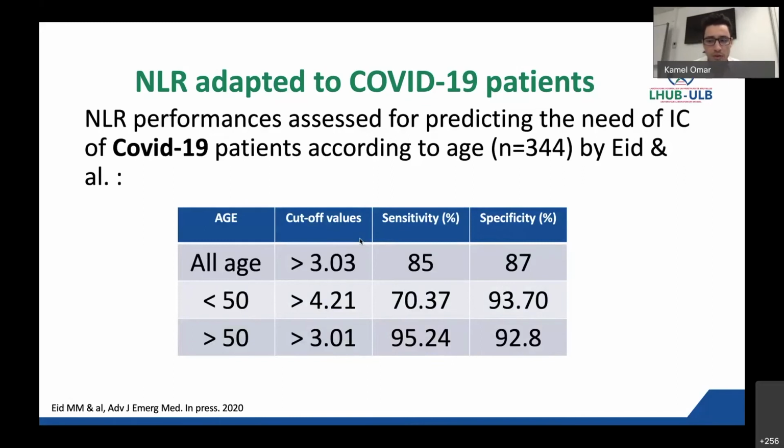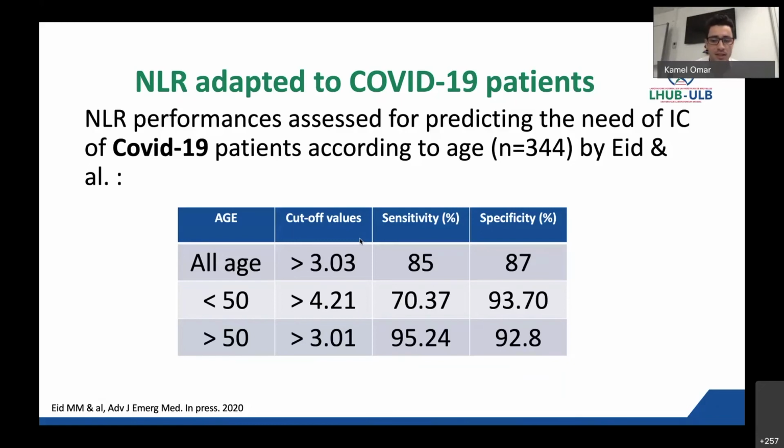Under the age of 50 years old, they found out that the NLR had a specificity of 93% with a lower sensitivity. And above 50 years old, they found out that it had good performance, with 95% sensitivity and 93% specificity, which is interesting because everyone knows now that it's the elderly population who is more at risk of severe outcomes.